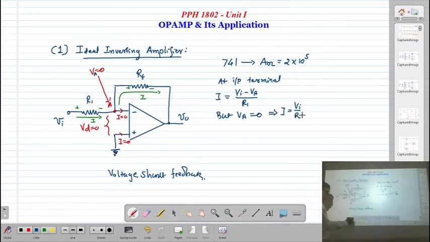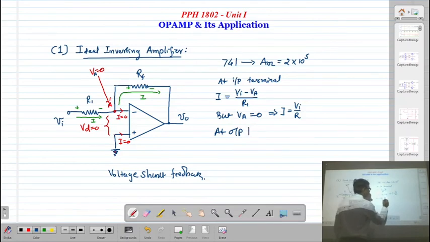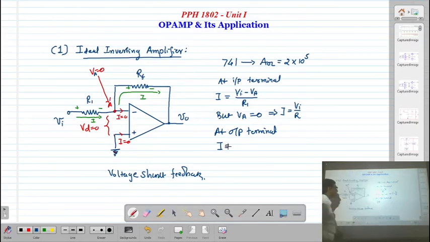Now we apply Kirchhoff's law to this output part. Correct? This is my feedback. So here, if you apply this at the output terminal, then the same current is there. So the current I: what is the potential here? VA. What is the potential here? It is VO.